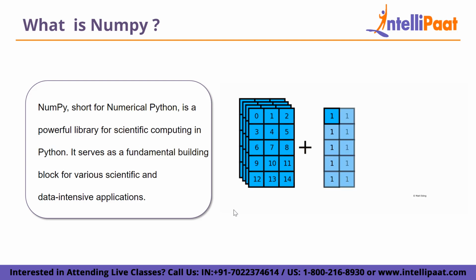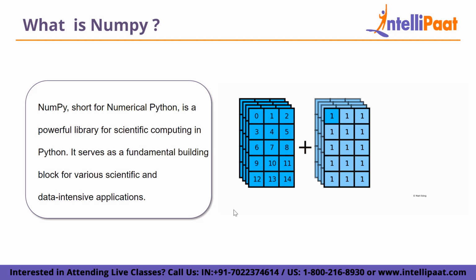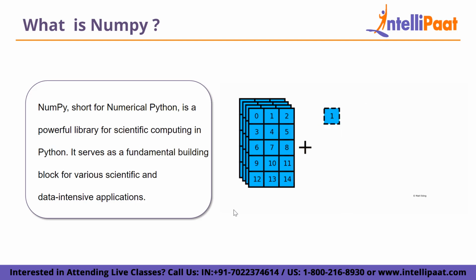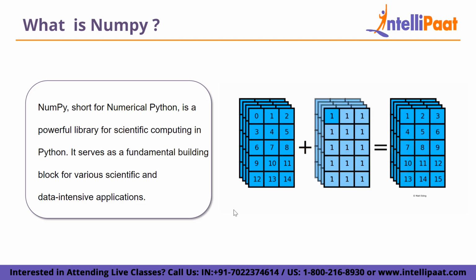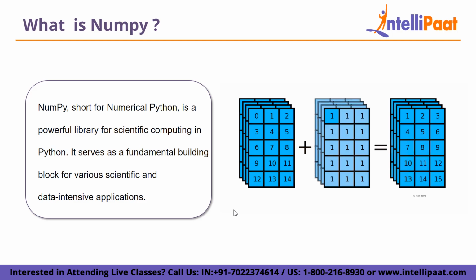The ability to perform vectorized operations on arrays makes Numpy highly efficient for numerical computations. Numpy offers a wide range of mathematical functions for tasks such as linear algebra, statistics, Fourier analysis, and many more. It provides tools for array manipulation, including reshaping, slicing, indexing, and concatenation.